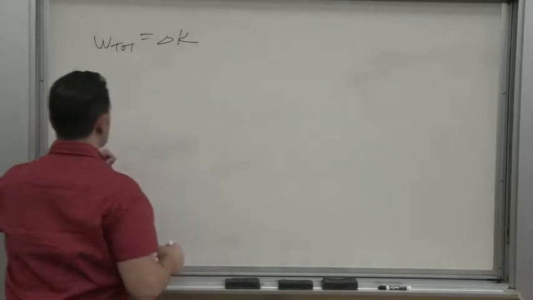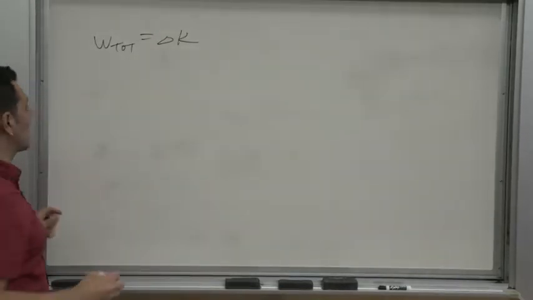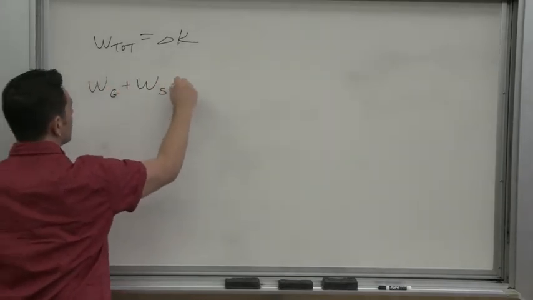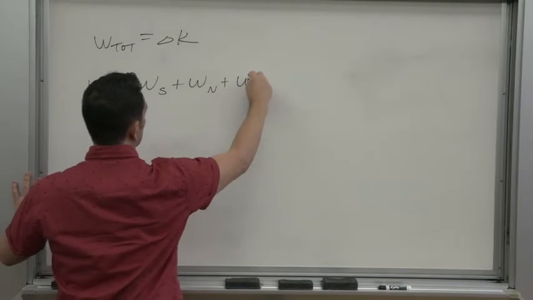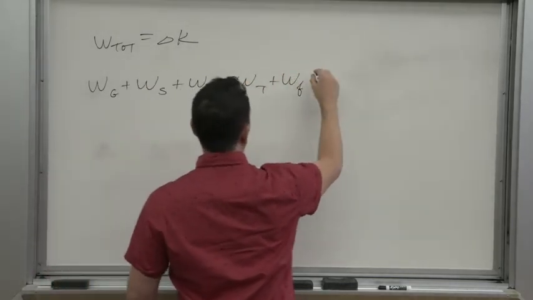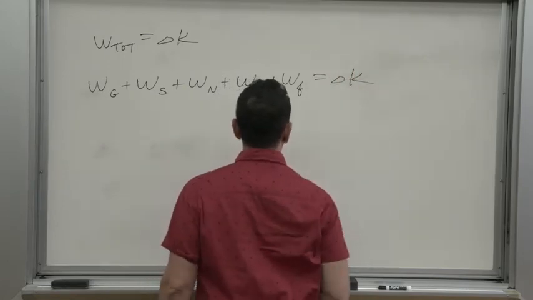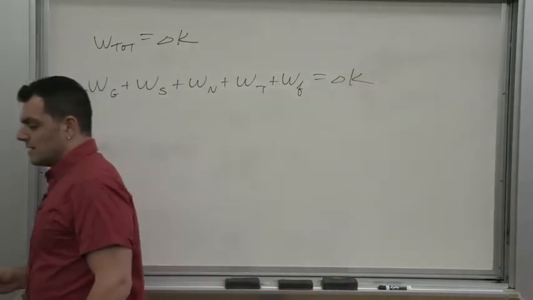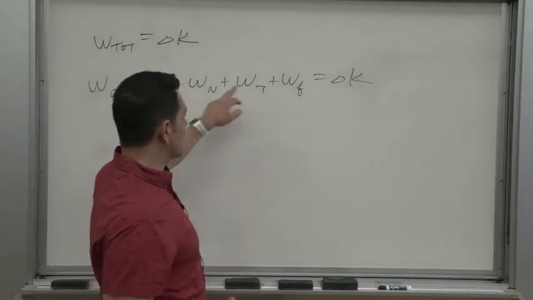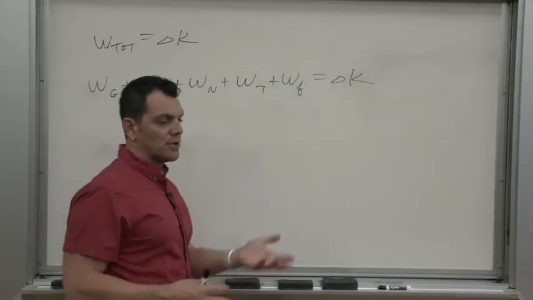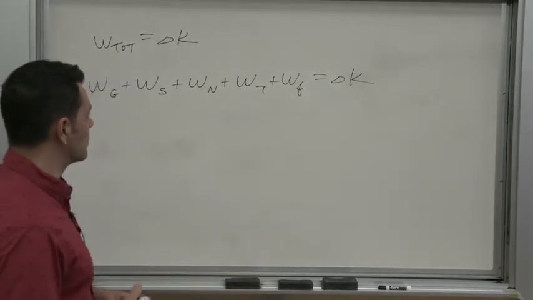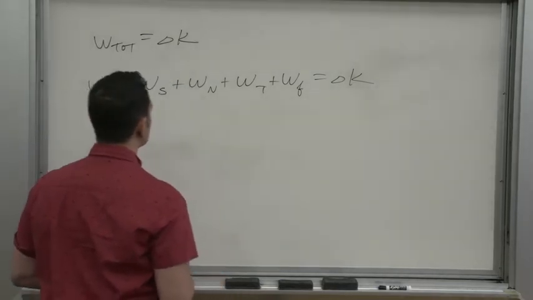But now I'm going to write down work total as work done by gravity plus work done by spring plus work done by normal plus work done by tension plus work done by friction is equal to delta K. And again, I realize that in most cases these guys are both zero, but I want to be as general as possible and talk about situations where even those works are not zero.